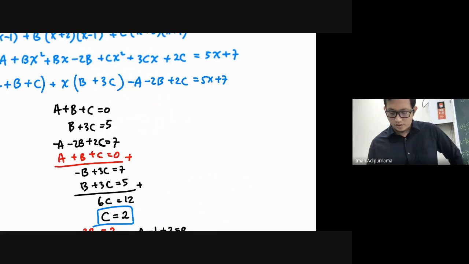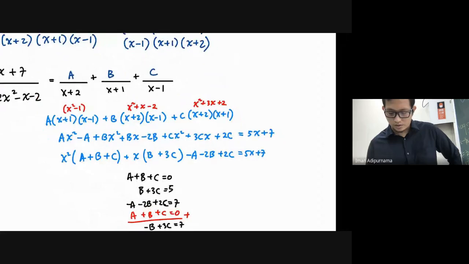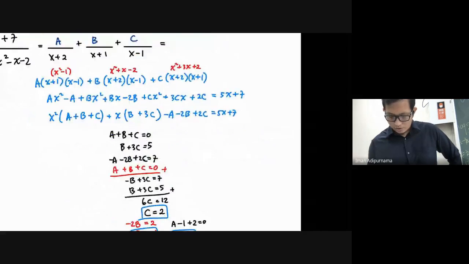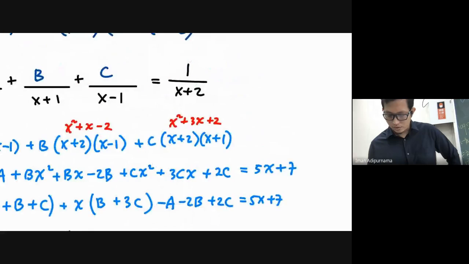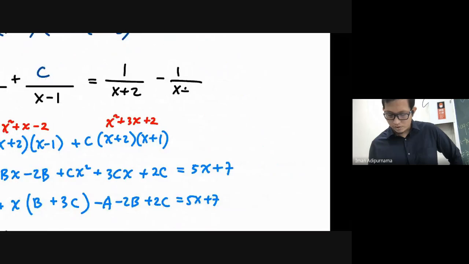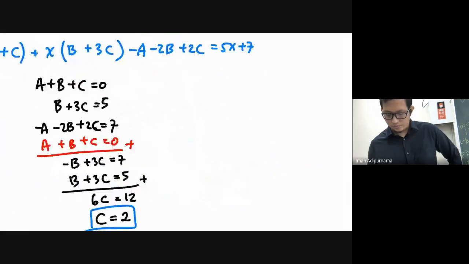So we can write this as: A is 1, so 1 over x minus 1, B is negative 1, so minus 1 over x plus 1, and then C is 2, so plus 2 over x plus 2.